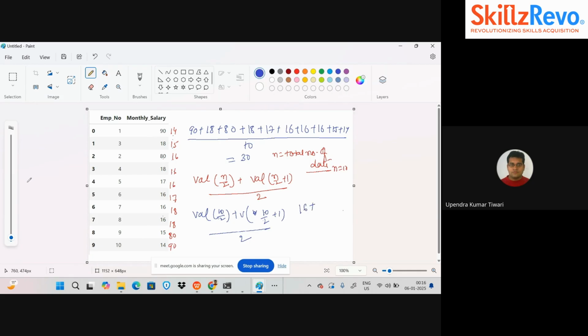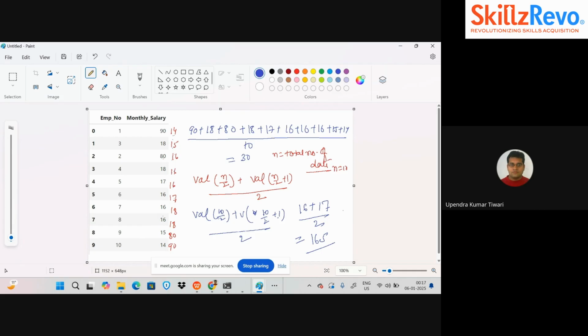Plus 10 by 2 plus 1, that is 6. Value at 6: 1, 2, 3, 4, 5, 6, that is 17, upon 2. It means 16 plus 17 upon 2. So what will be the answer? 16.5. This 16.5 is the median. Fine, everyone?